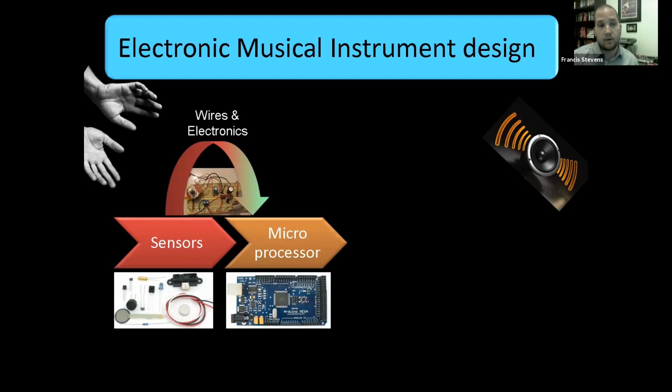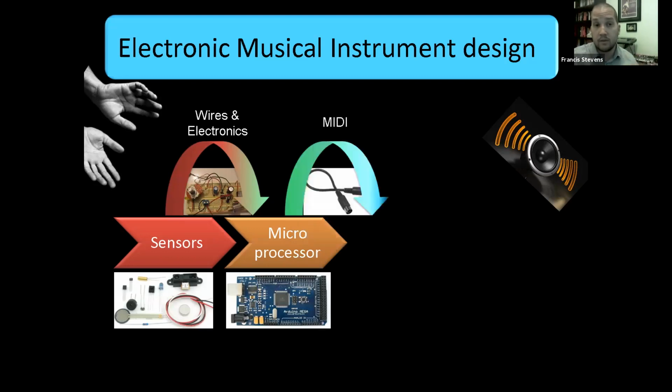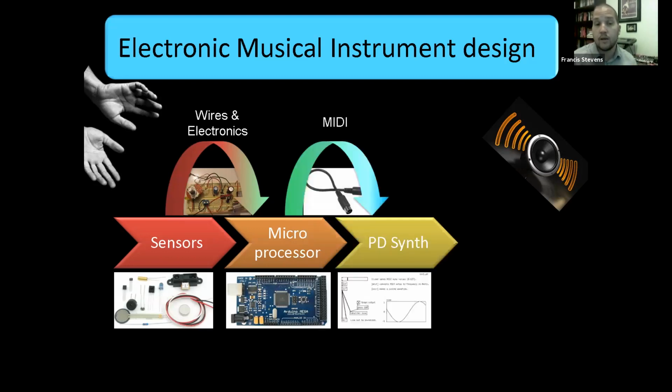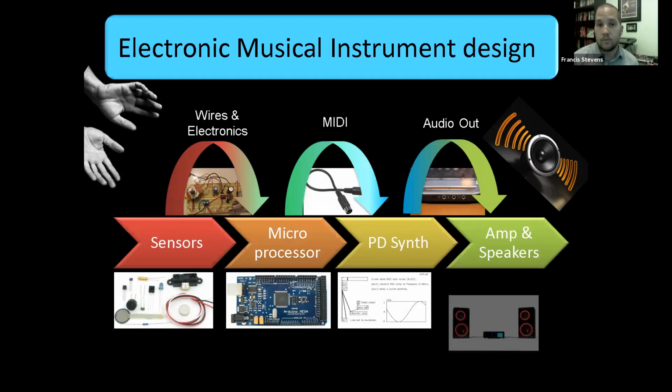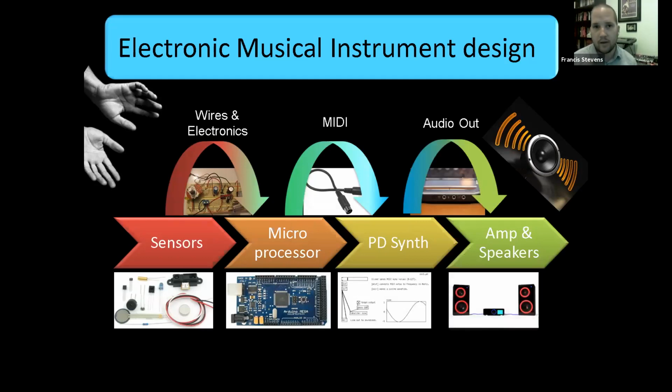So you end up going from the completely analog movement of your hands to some transduction of that into some electronic signal, and then via a microprocessor convert to MIDI, so you can communicate with a computer or some sort of synthesizer in order to create some audio. Okay, and part of that will involve making some hardware amplifier speaker system in order to have sound be made.